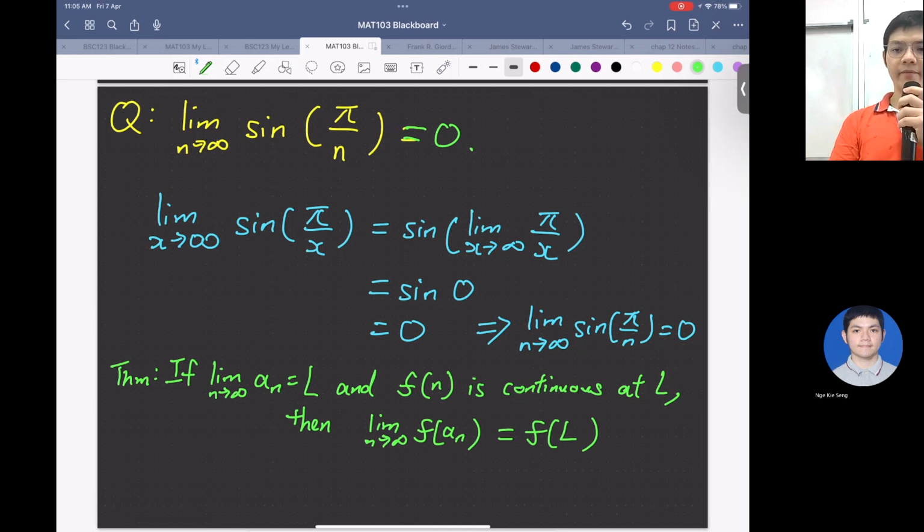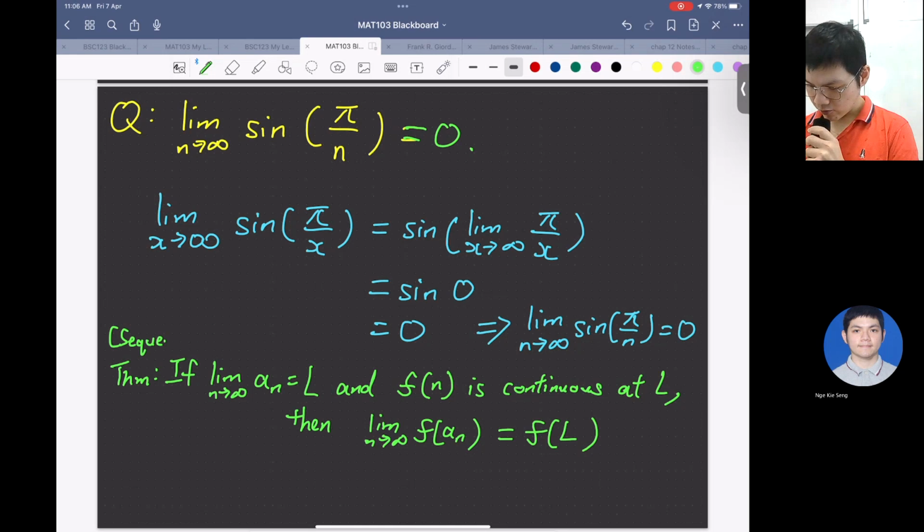Is that right? That's the right statement we saw last time. So this is the sequential continuity.